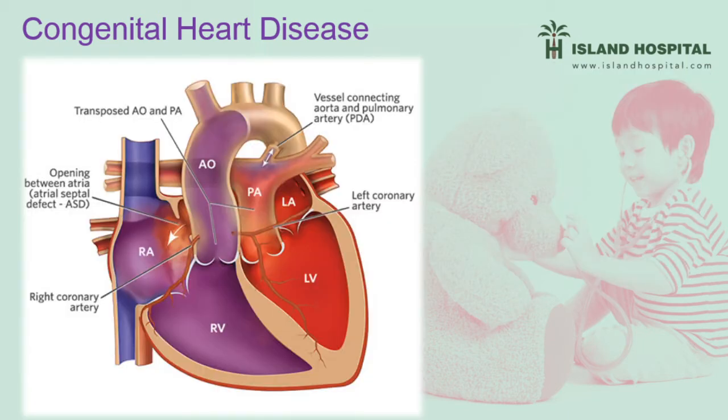Another condition, which is called transposition of the great arteries, is a very critical illness in newborn babies because it is very dangerous and life-threatening. What happens is that the blood vessels are switched during development. So the blue blood that comes back from the body goes back to the body, bypassing the lungs.